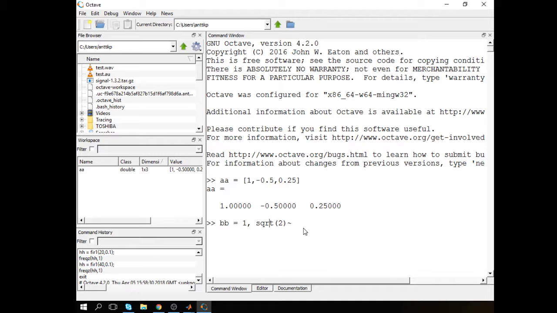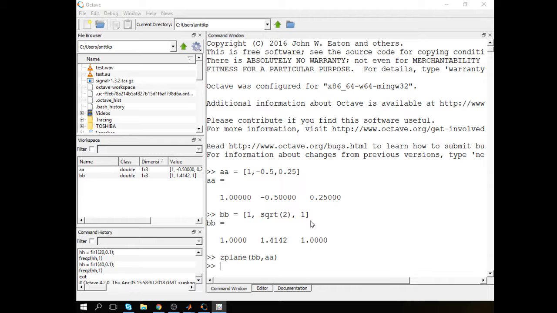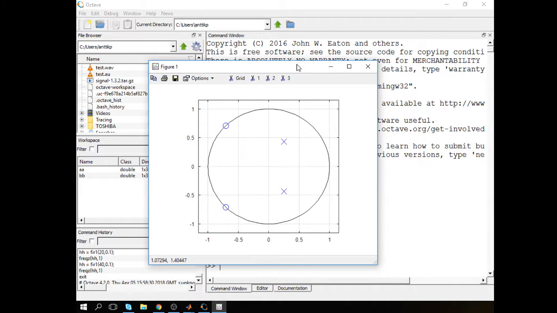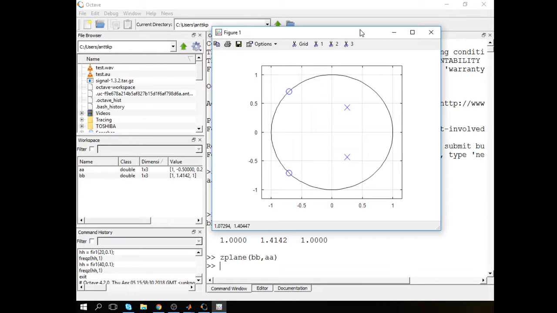Oops, where is my parenthesis missing? Square root of 2 and 1. There we go. So those are the same values now here. So the z-plane of this system is something like this. Okay. As you see, it works quite the same.